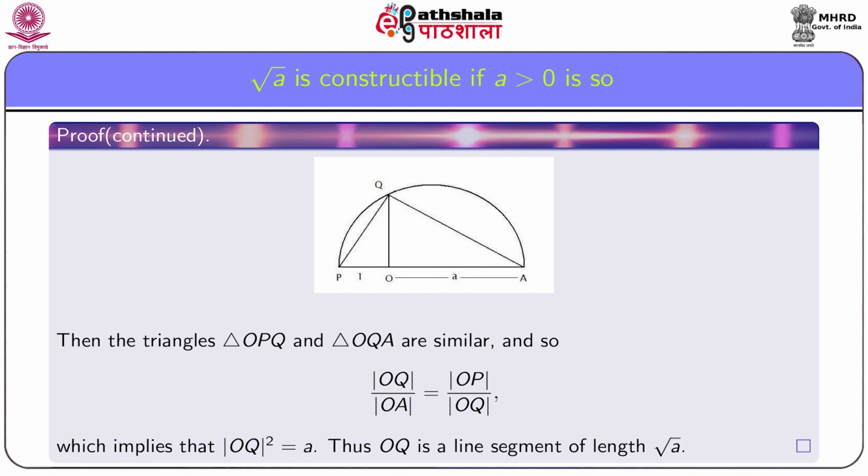Then the triangles OPQ and OQA are right angled triangles.